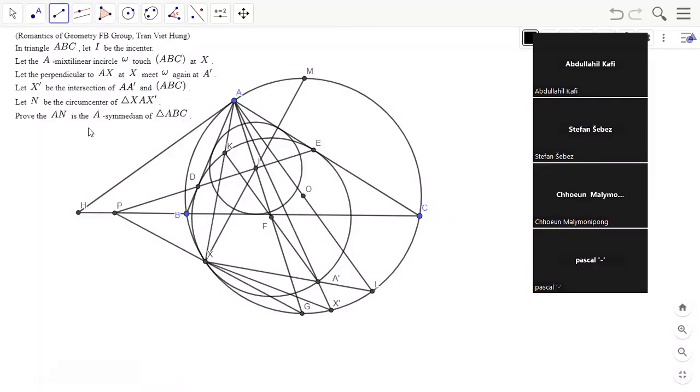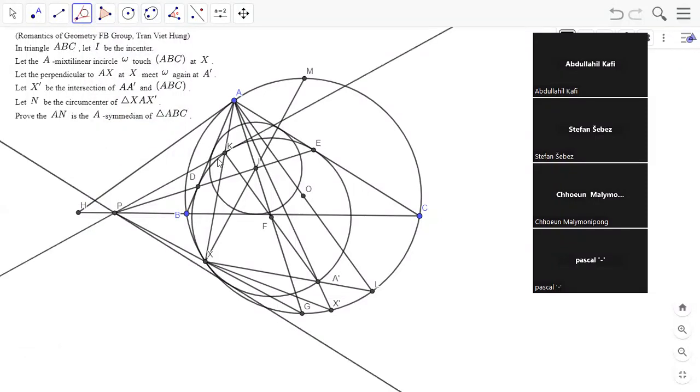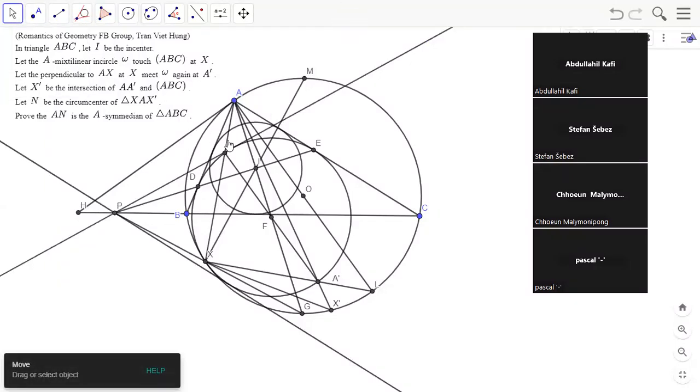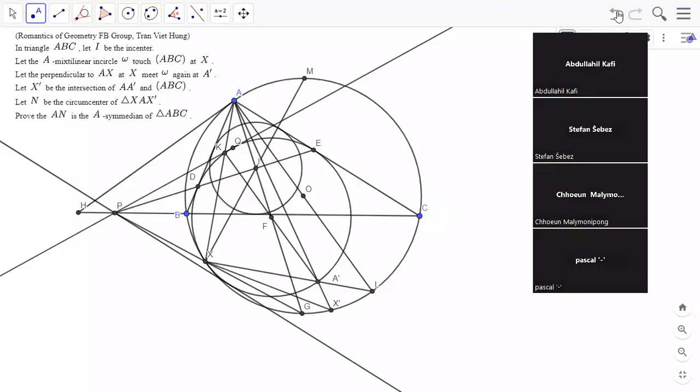And is PK tangent to that circle? Let's see. Looks like it, although it's kind of hard to tell, actually. Maybe not. No, it's not.